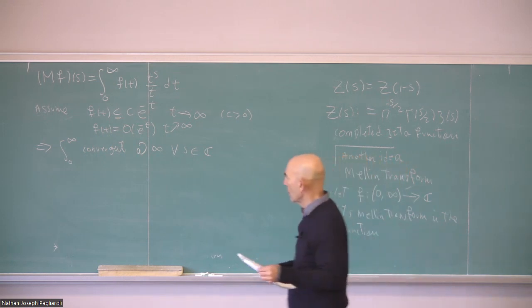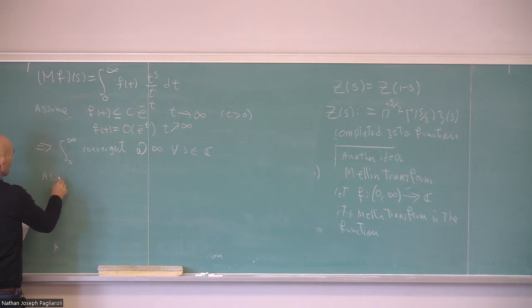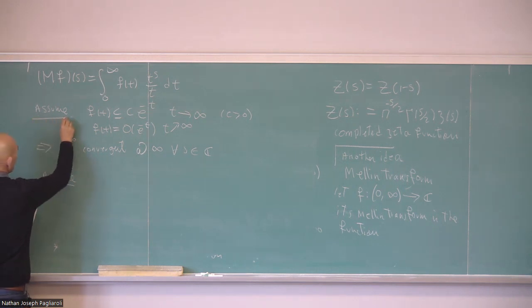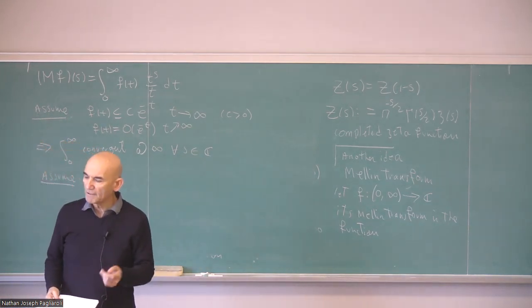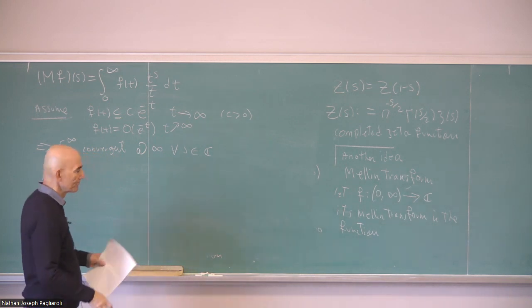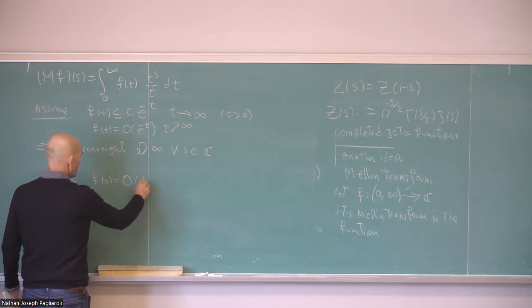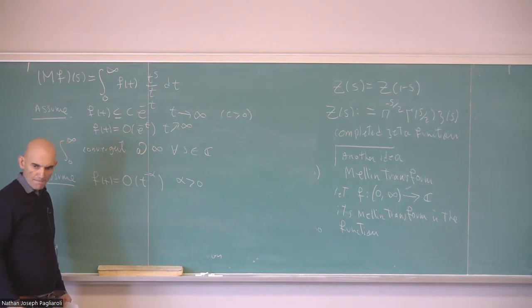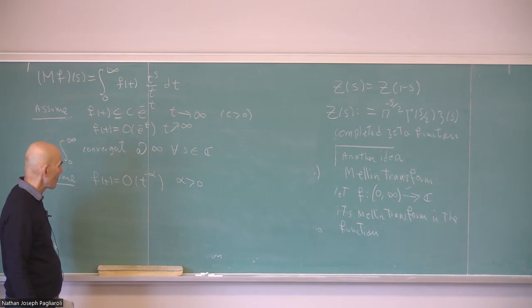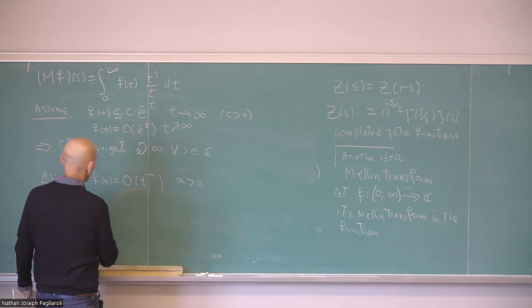So for 0, the second assumption: let's assume that the function near 0 is O of t to the power minus alpha. f of t is capital O of t to the power minus alpha, where alpha is positive. What does this relation mean?